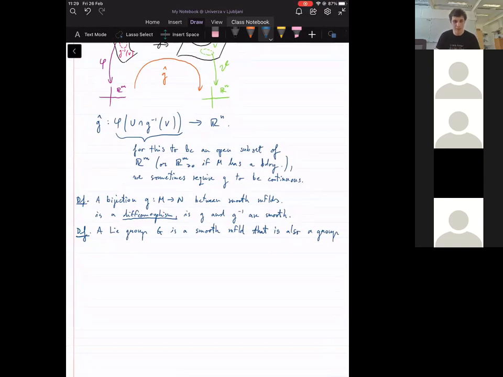So what additionally has to hold for this to be a Lie group? Can anybody tell me? For what to be a Lie group? For G. So G is now currently a smooth manifold and a group. So what would make it a Lie group?